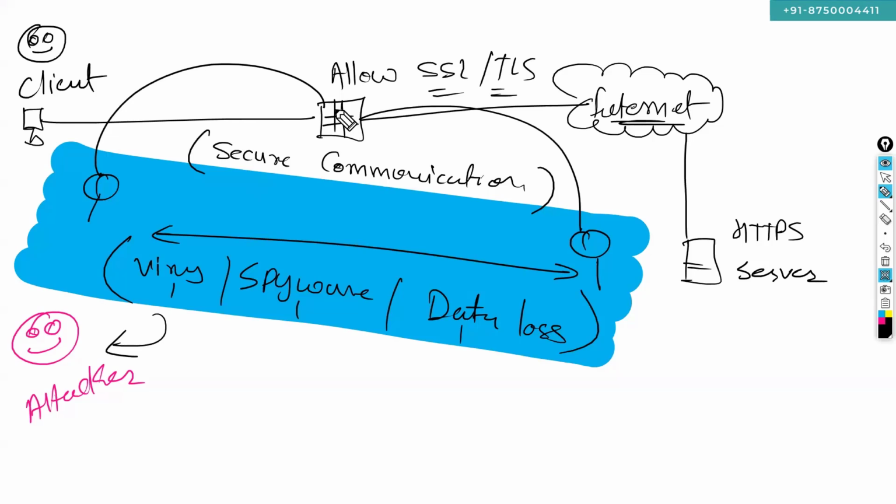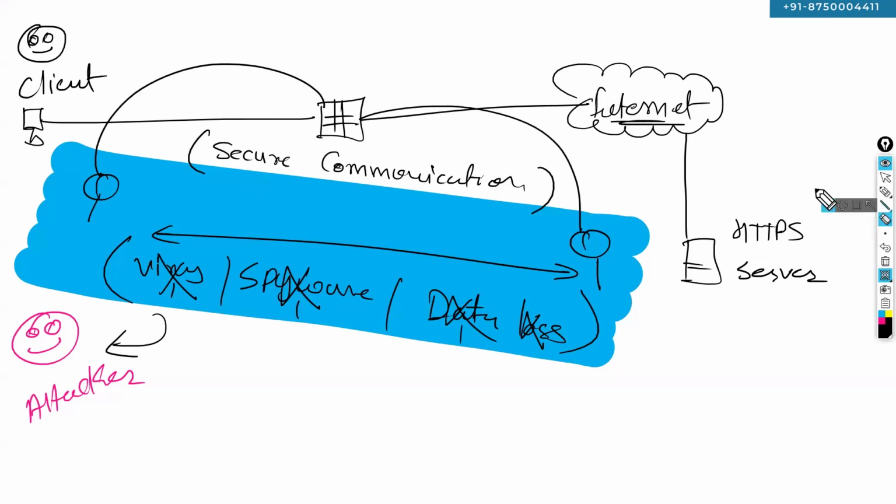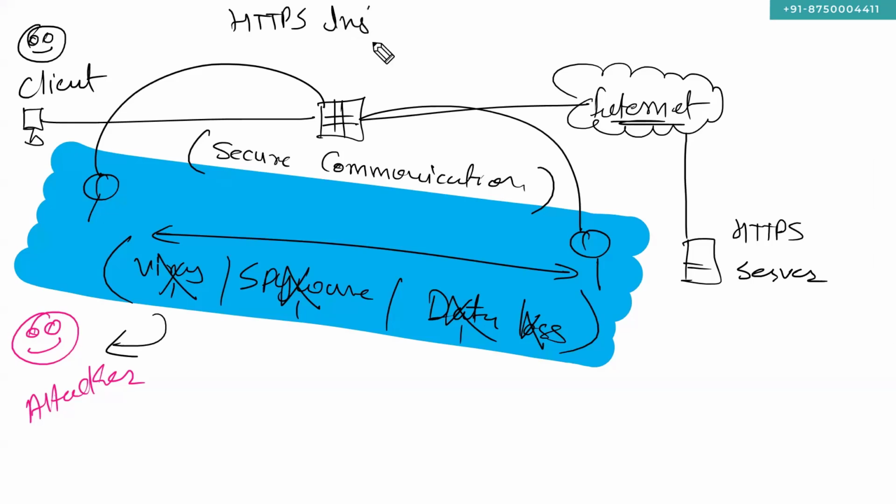If the firewall sees anything suspected, virus should be dropped, spyware should be dropped, data loss should be stopped here. This you can only do when our firewall has HTTPS inspection capability.